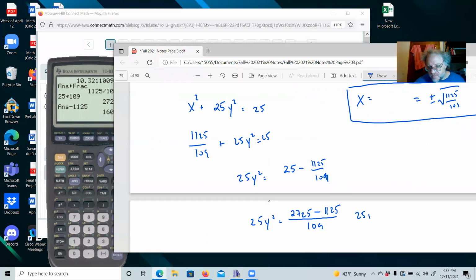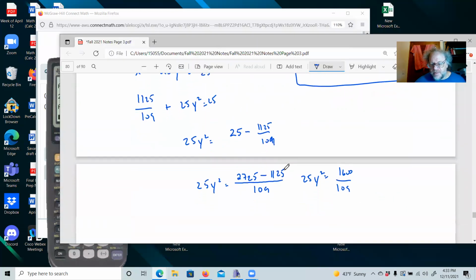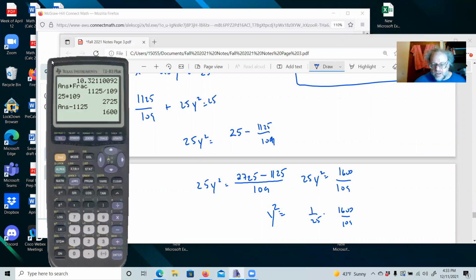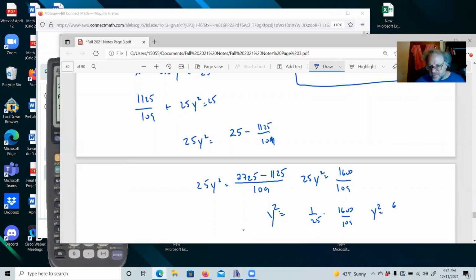So we have 25y squared is equal to 1600 over 109. So y squared is equal to 1/25 times 1600 over 109. What is 1600 divided by 25? I should know this. Being terrible, 64, of course it is. So y squared is equal to 64 over 109.